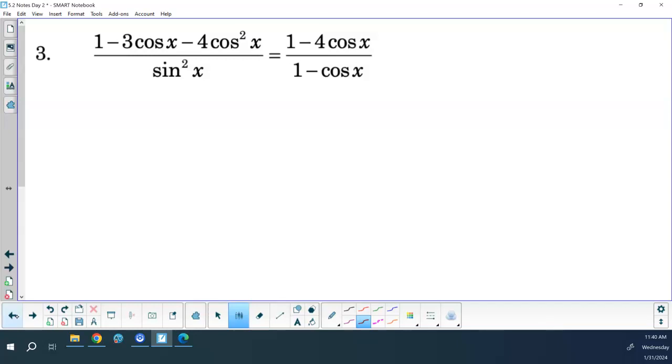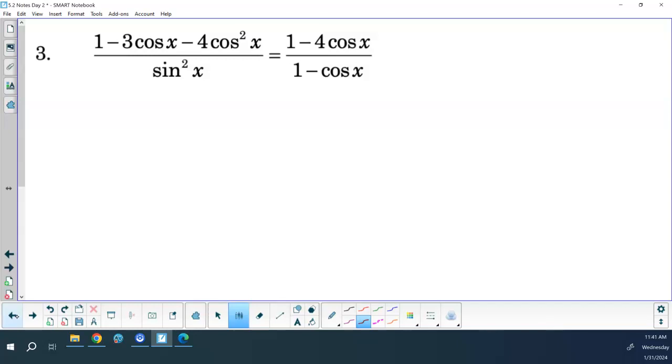If we choose the left side, what's the naughty word that we're going to have to do on the top? Factor. If we choose the right side, what are we going to have to multiply by? The conjugate, the C word, right? So it doesn't matter which one you do. I'll do it both ways because this one's actually pretty quick.